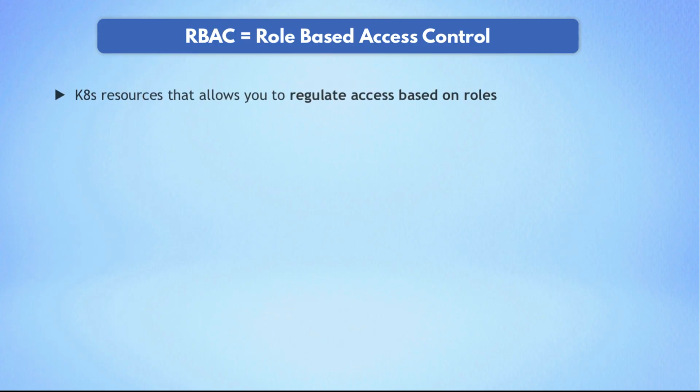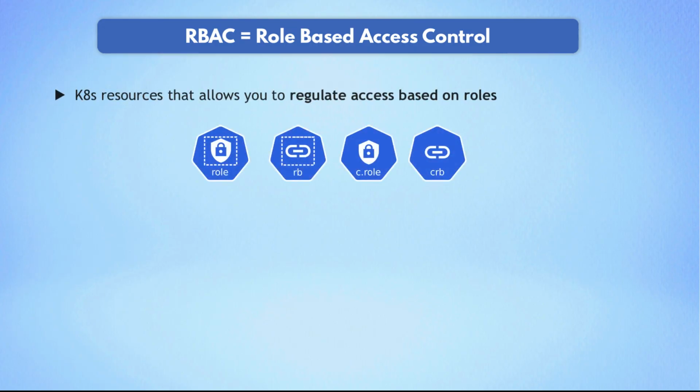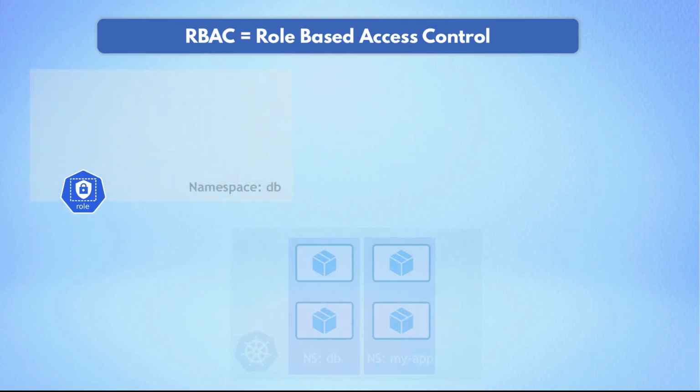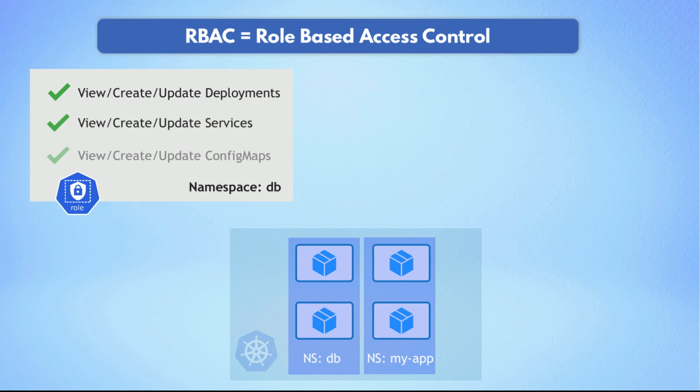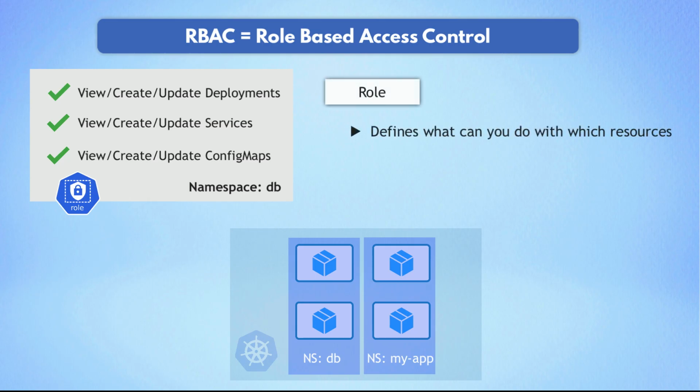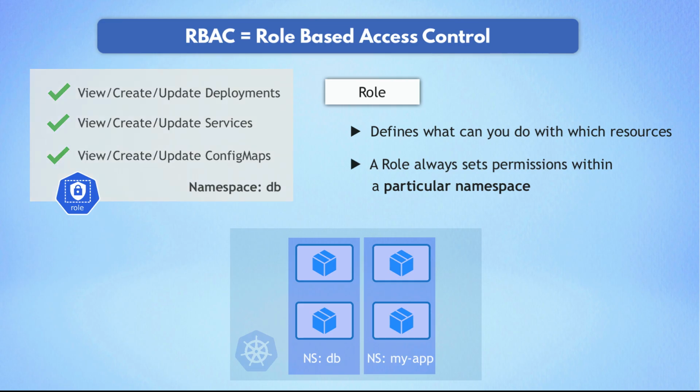And these are Kubernetes resources that allow you to create roles in Kubernetes with certain permissions. For example, a role that allows viewing, creating, and updating deployments, services, config maps in a namespace called database. So that would be one role, right? So what can you do with which resources in which namespace?